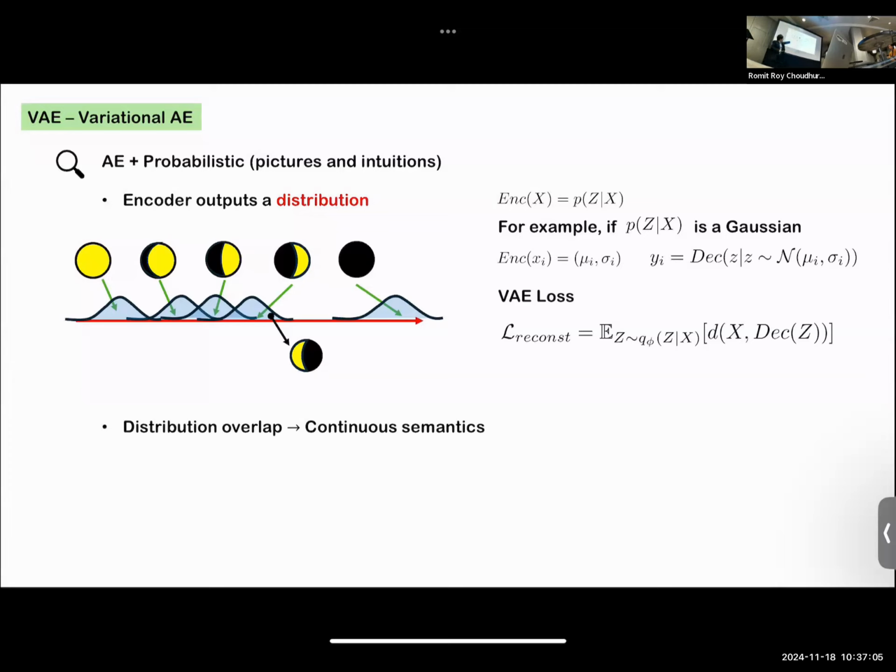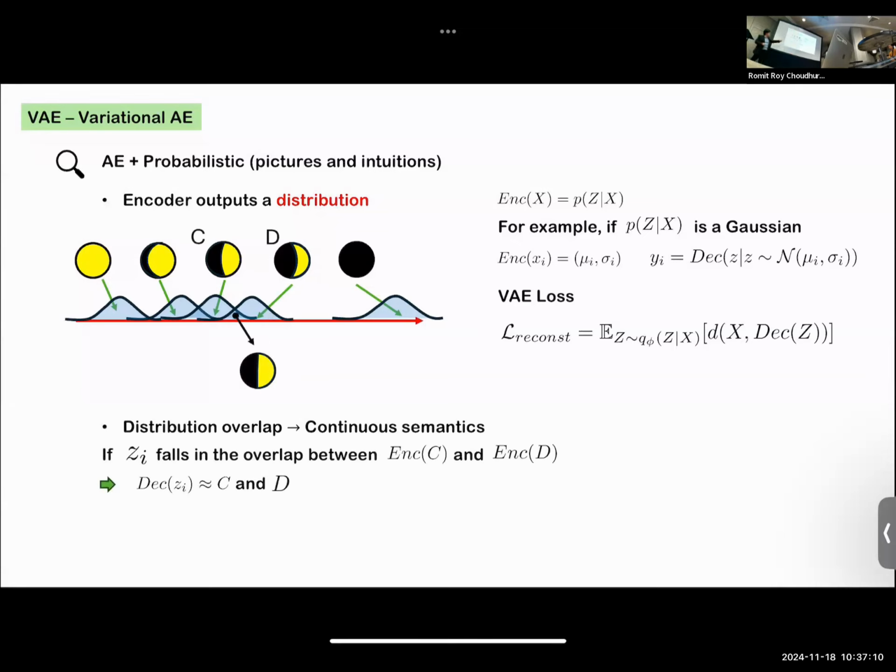And because the distributions overlap, let's look at this point, C and D. If I sample at this point, the decoder got a sample at this point, it might be because the original image is from C, and I got this latent distribution, and I sample here. It might also be because the original image is D, I come to the right distribution, and then I sample here. The decoder will not know. You only see the sample.